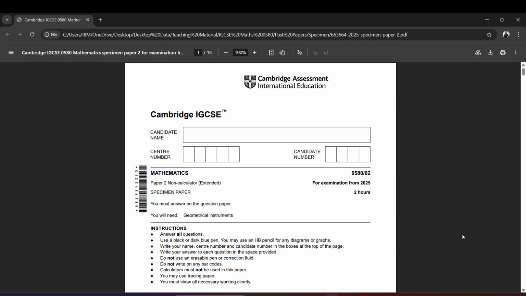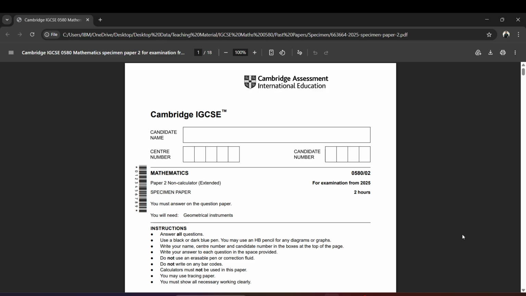So today we will be discussing the specimen paper of 2025, paper 2. Now, as you all know, the syllabus has been updated in 2025 and this is a specimen paper.